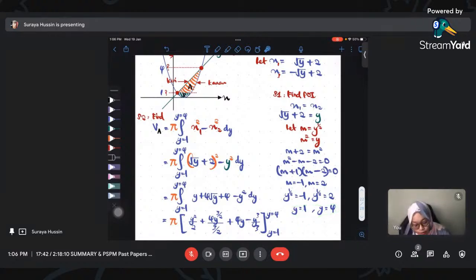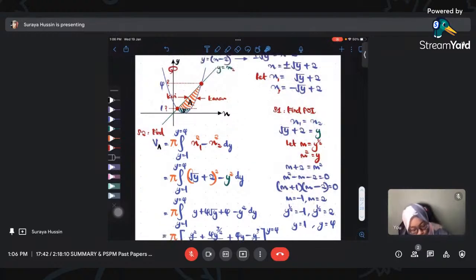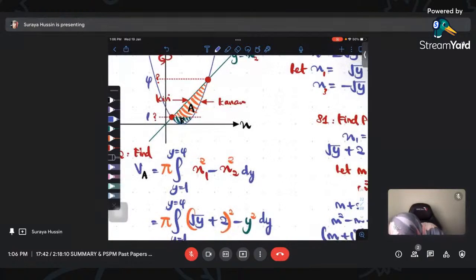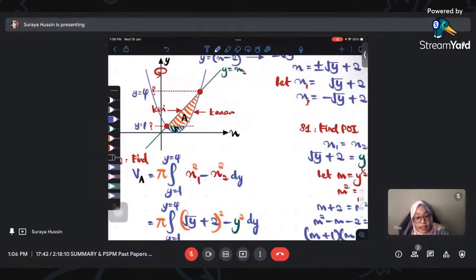POI kita settle. So our POI sekarang ni bukan pada huruf X tapi huruf Y. So this is actually Y equals to 1. Okay. Tadi soalan saya kenapa kita kena pisahkan region ini. Actually Rochelle and Avel cakap benda yang betul.